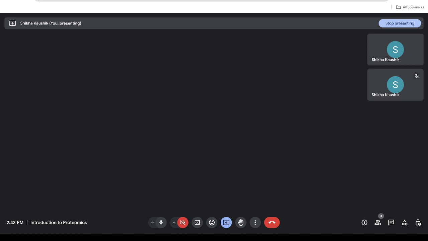The ion takes 1.09 into 10 power minus 5 second to reach the detector. They have given the mass, the energy, and the time, so you have to calculate the length of the flight tube.